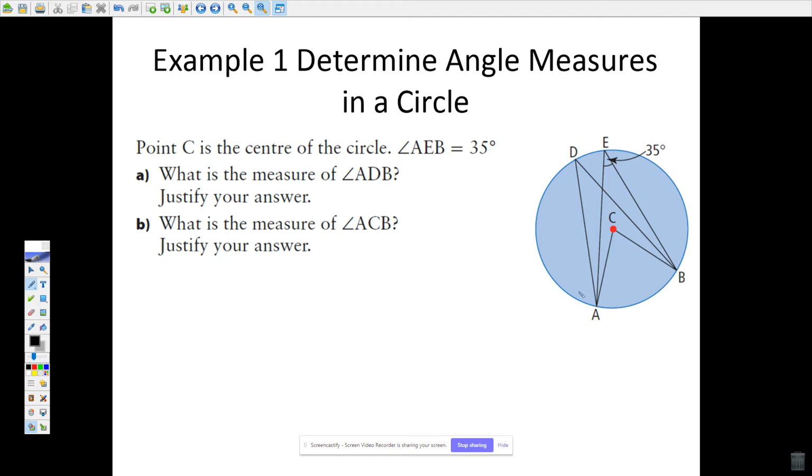Well, ADB is an inscribed angle with endpoints A and B, just like AEB was also an inscribed angle. So if two inscribed angles both have the same endpoints, A and B, then they are equal. So this one is 35 degrees because they have the same endpoints.